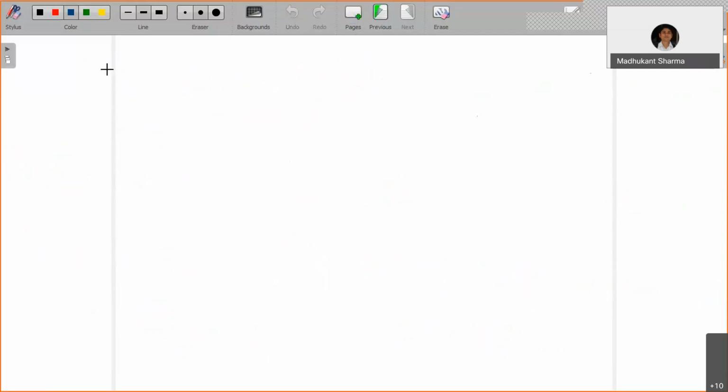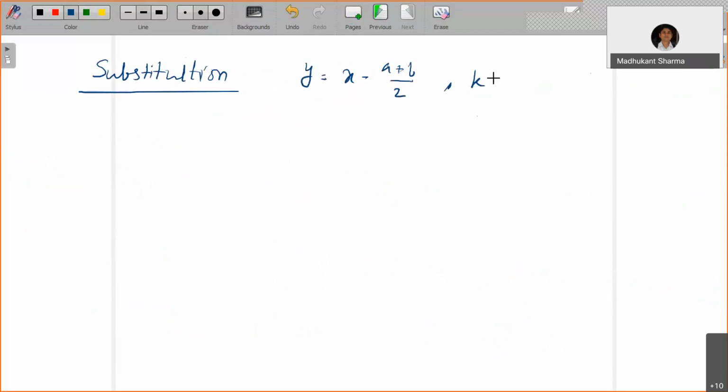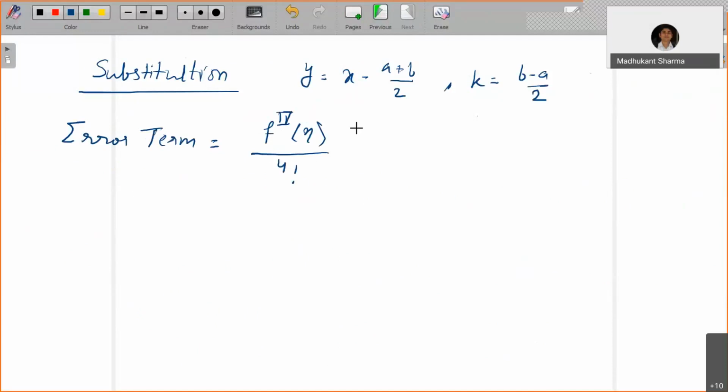So you can use the substitution here. Y is equal to x minus a plus b by 2 and k equals b minus a by 2. So the error term is equal to the 4th derivative at some point in between the interval a to b divided by 4 factorial.